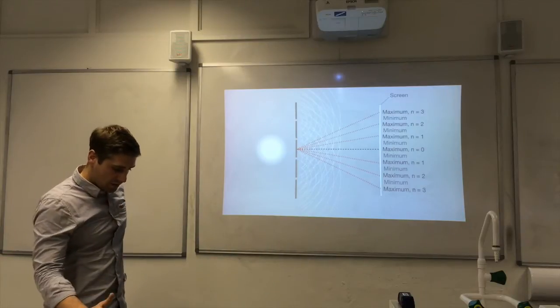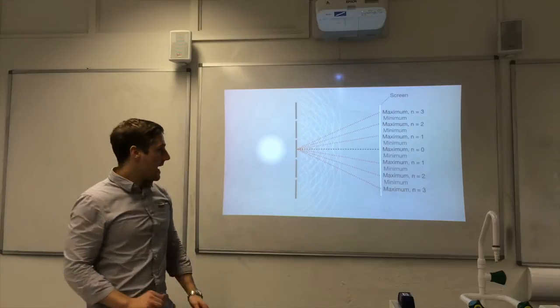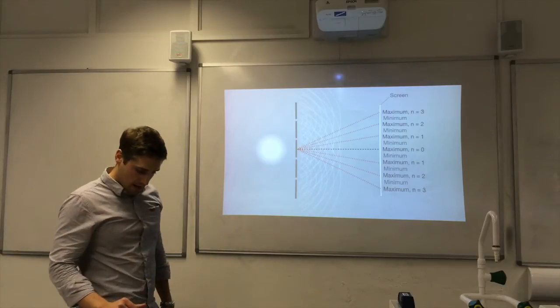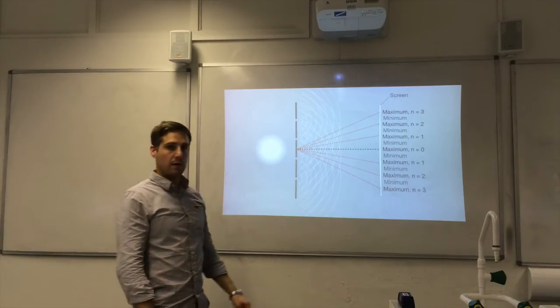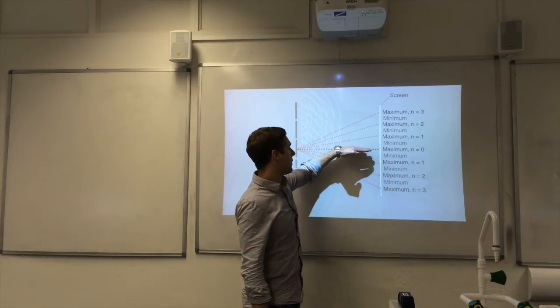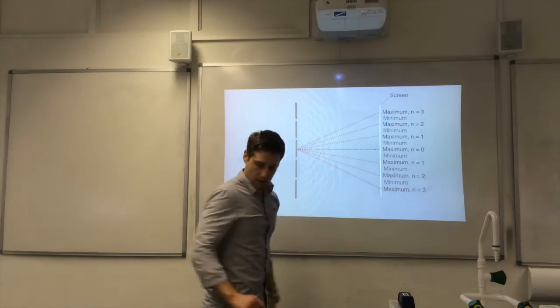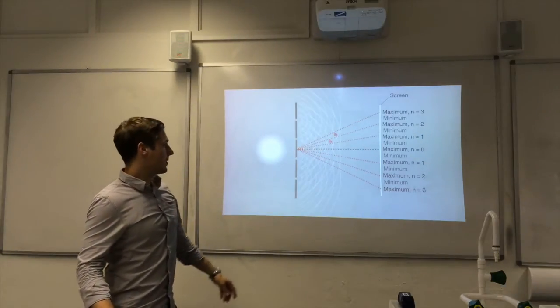So if you know the slit separation, which is d, and you can measure the angle to a maximum at a specific diffraction order, so therefore you also know n. Let's just mark up the angles actually.